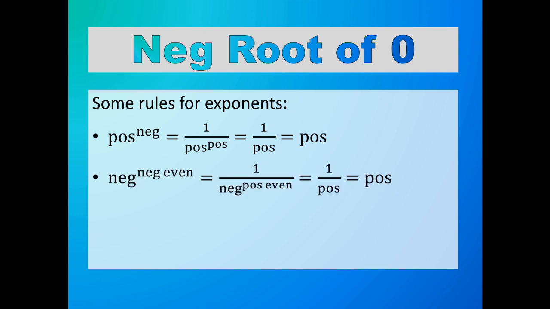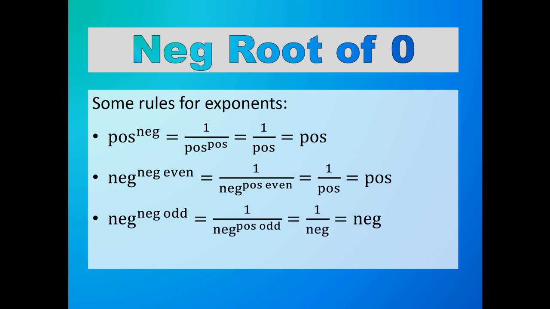A negative number to a negative even number is equal to 1 over a negative number to a positive even number, and that is equal to 1 over a positive number, because a negative to a positive even number is equal to negative times negative times negative times negative, and so on, and we'll end up with an even number of negative signs, and so that would be positive. So we have 1 over positive, and that is positive.